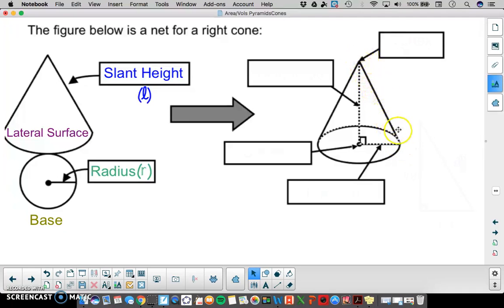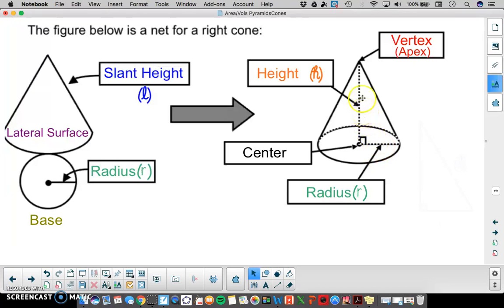That's the measure along the slant. We have the vertex, which is the apex of the cone. And from the apex to the center of the base, we have the height. From the center to the edge of the circle, we have the radius again.